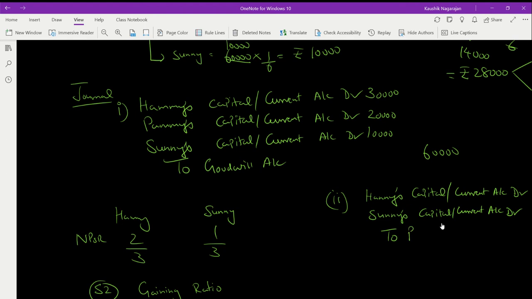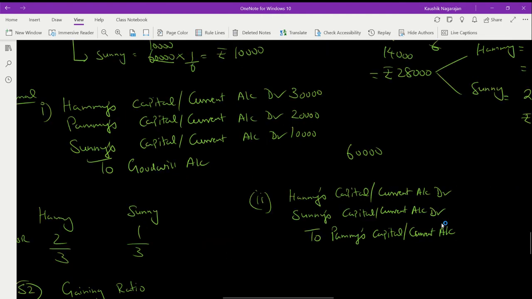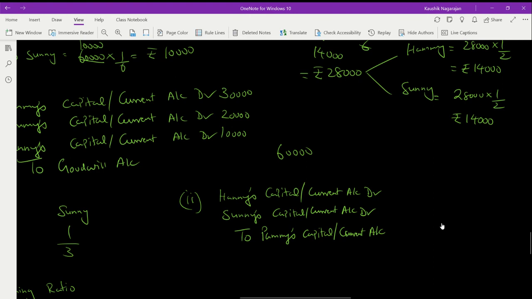So to Pammy's capital or current account. Now you have to fix the values. So it is 14,000 rupees each that will be paid from there, and to Pammy he will be getting an amount of rupees 28,000.